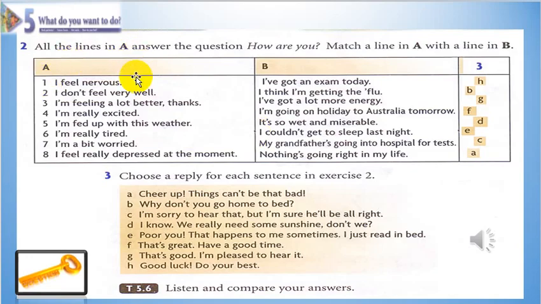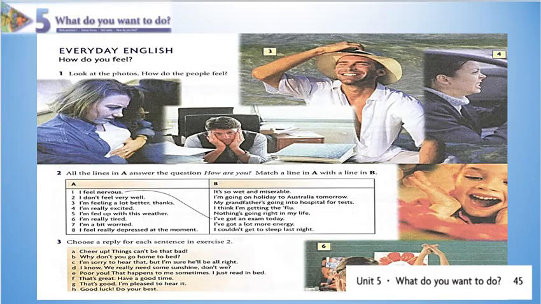All the lines in A answer the question how are you. Match a line in A with a line in B. So here the question is how are you, and here are the answers according to the conditions we saw in these pictures. You can see it in your unit in your book.